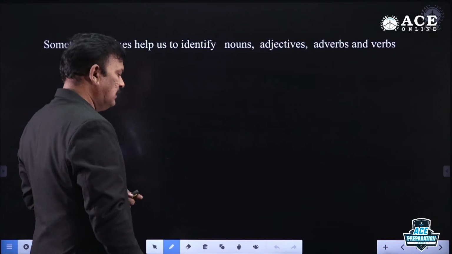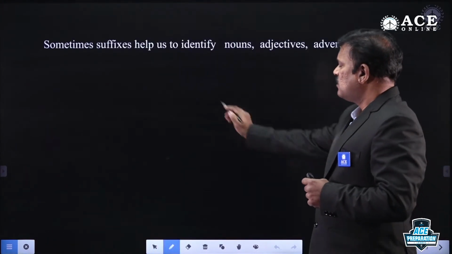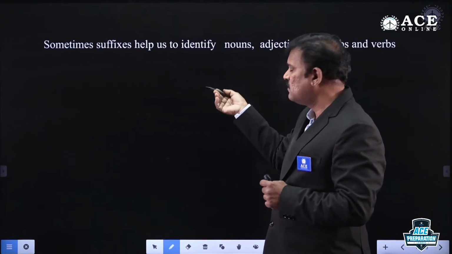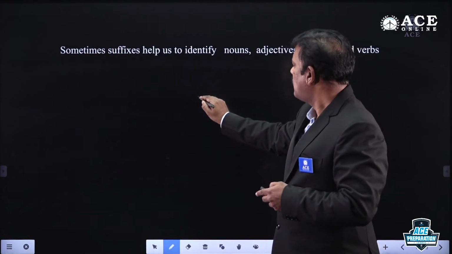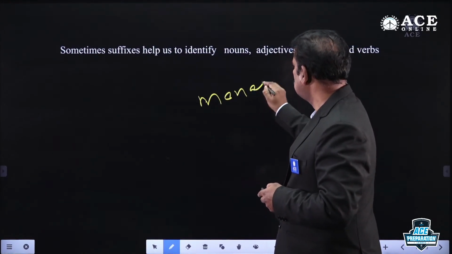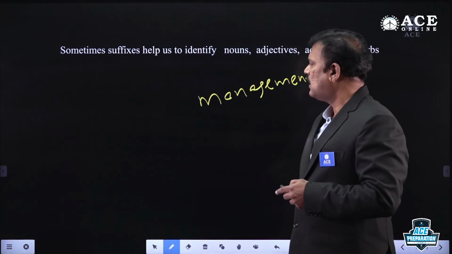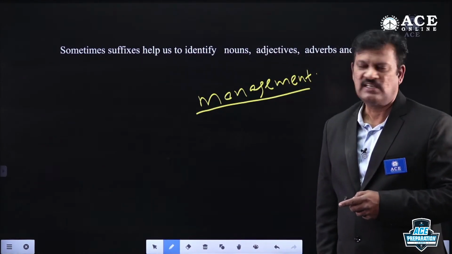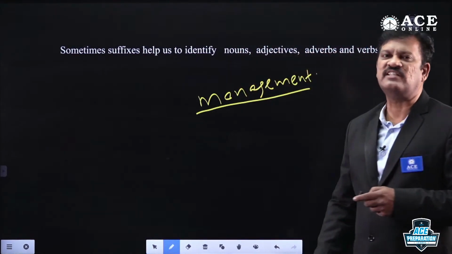Another technique. I was talking about sentences, agreed. But if I ask you about a single word, how do I make out its part of speech? Look at this. Sometimes suffixes help us identify parts of speech.